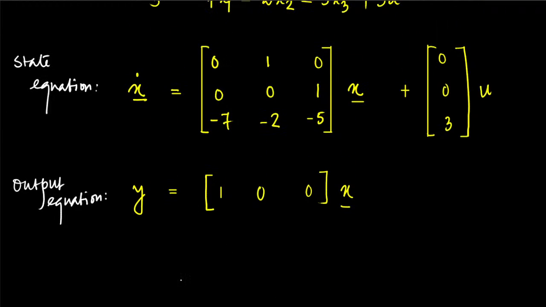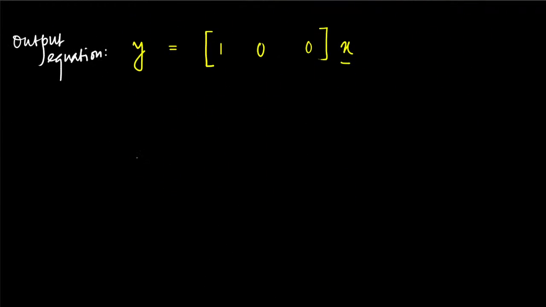The state equation looks like a differential equation that is of the form x dot is equal to Ax plus Bu. Okay, notice very carefully that we are putting underlines to indicate that these are either matrices or vectors. But this is very similar to something like a first order derivative, x dot equal to ax plus bu.